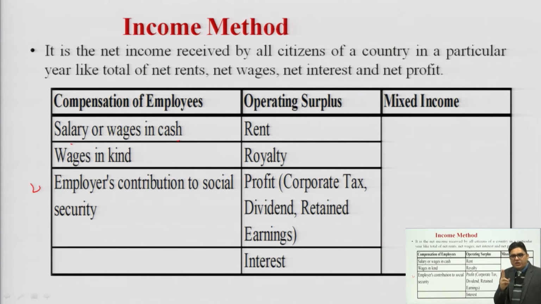Profit has three components. It is corporate tax, the tax paid by the company on the profit earned. Next, it is dividend paid to the shareholders, and next it is retained earnings. The company has earned the profit but has not distributed it; it has retained it for further expansion, to add new branches, to expand our businesses or diversify into a different vertical.